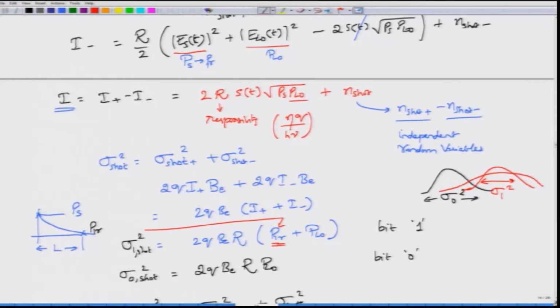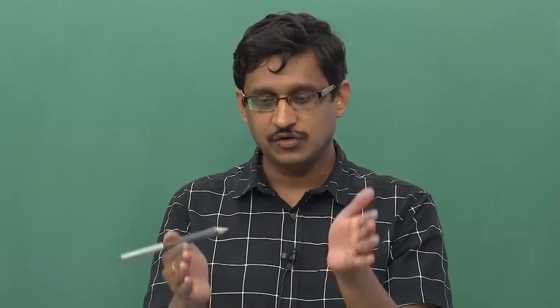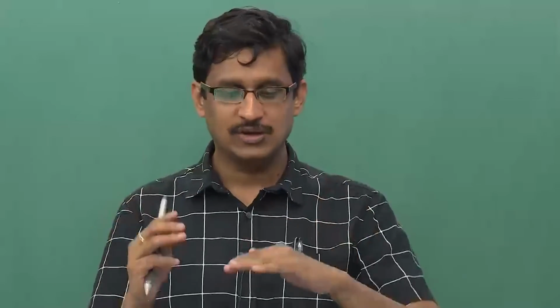So the total photocurrent increases, of course the noise also increases, but consider what is happening. When PLO is much larger than P1R, the variance for bit 0 is very close to the variance of bit 1, and because these are the same, you can simply set the threshold right at the halfway point.